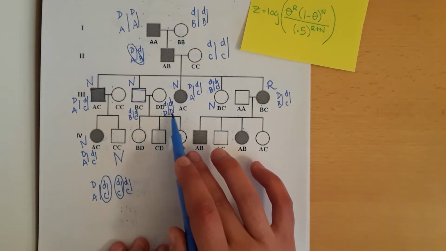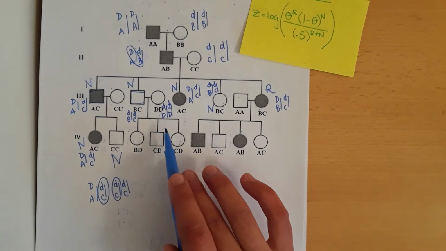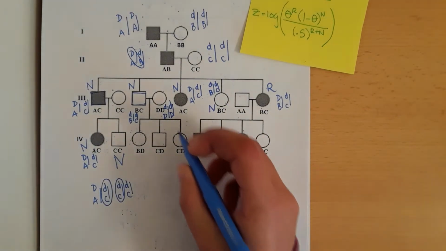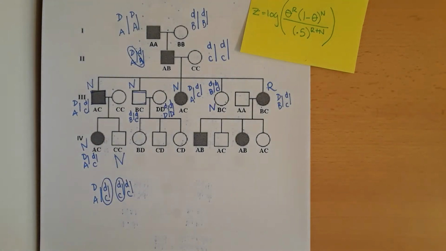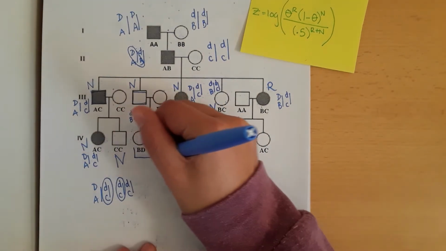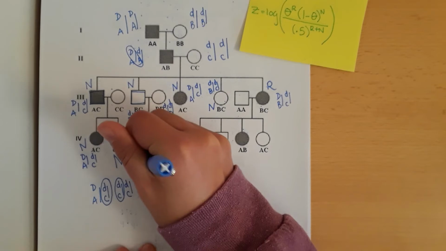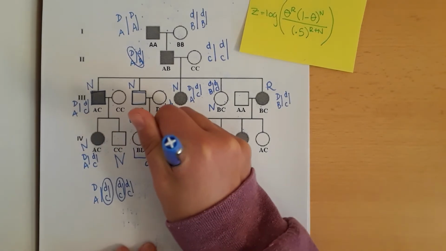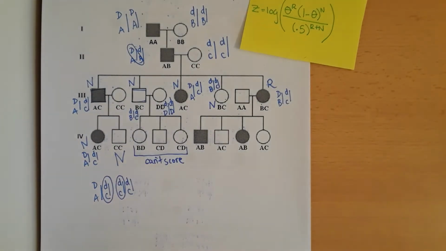This capital D is not the gene, it's the marker. So essentially, the disease gene dropped out. And if this happens, these people can't be scored. So we're going to skip over them.